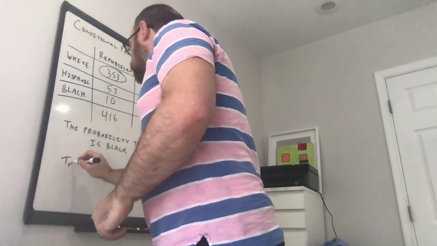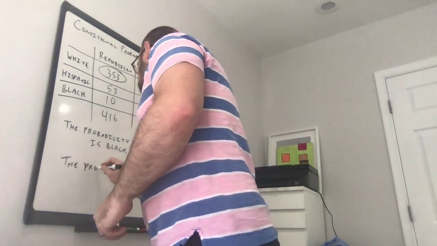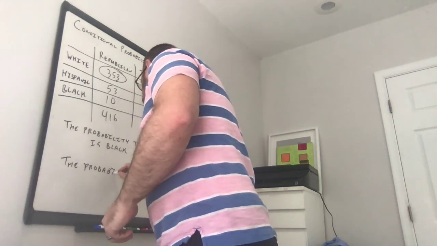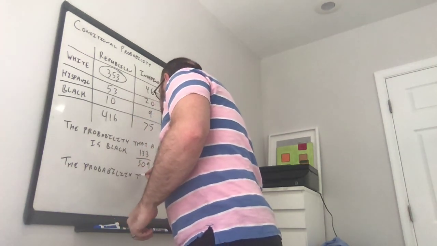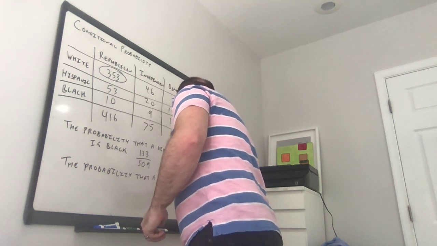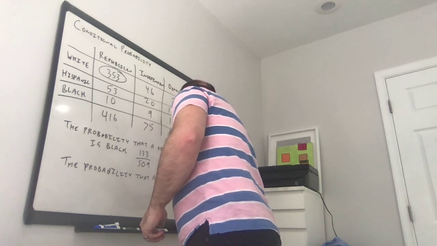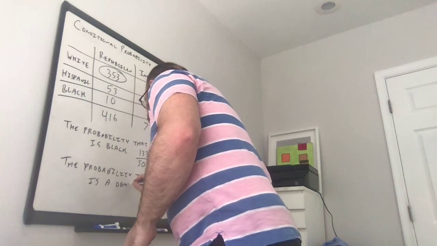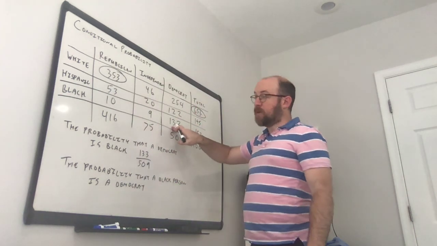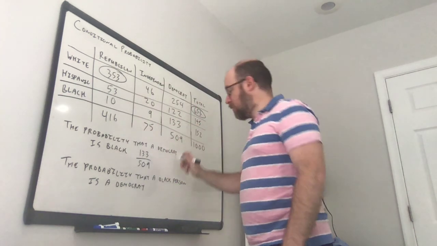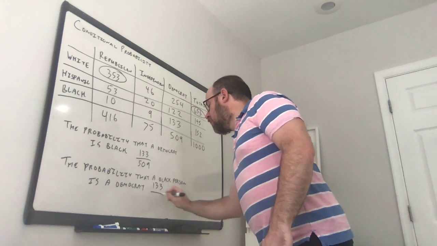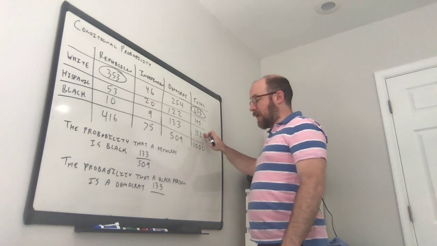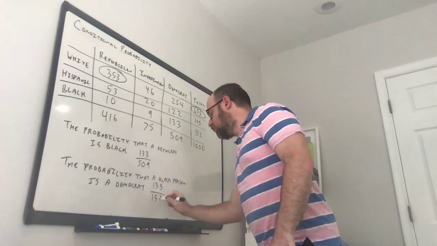Whereas if we were looking for the probability that a black person is a Democrat, we would take the number of people who are black and Democrats, 133, divided by the total number of black people, 152.